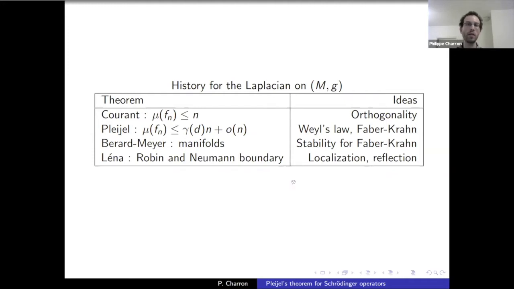The new idea that was introduced is that instead of looking at nodal domains that touch the boundary, the question is: where is the L2 norm of f located on the nodal domain? Is it close to the boundary? Is it away from the boundary? If it's away from the boundary, you can cut it arbitrarily close to the boundary, and you won't add too much to the Rayleigh quotient. So you can control the size of each one of those.